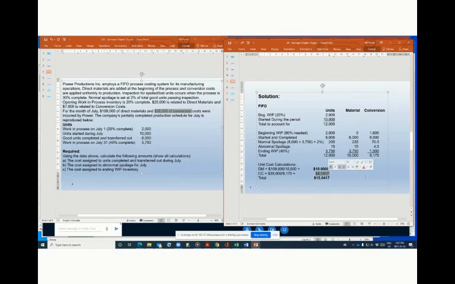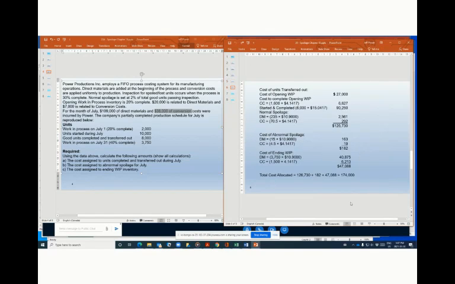So now I've calculated my cost per unit, and I can use these numbers now to value my cost of goods transferred out and the value of my ending work in process, as well as the value of this abnormal spoilage. So how do I do that?